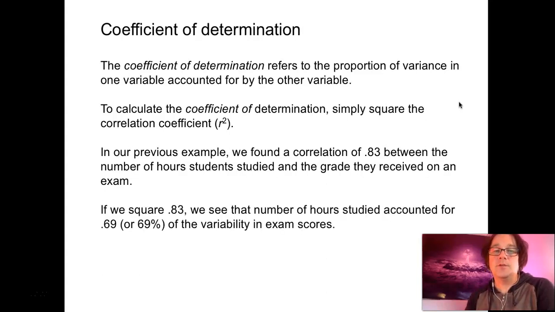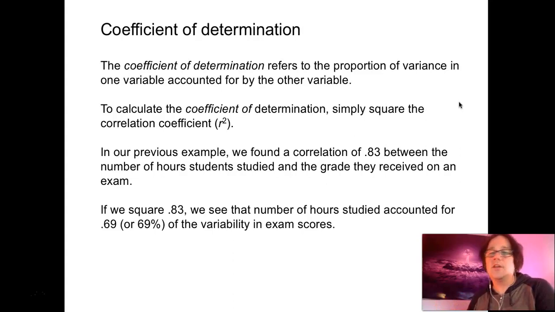If we square that, 0.83 times 0.83, we end up with a coefficient of determination, or R squared, of 0.69. So 0.69, remember, that's a proportion. And how do we change proportions into percentages? Well, let's get rid of that decimal point and slap on a percentage sign. So we can think of this 0.69 as 69%, right?